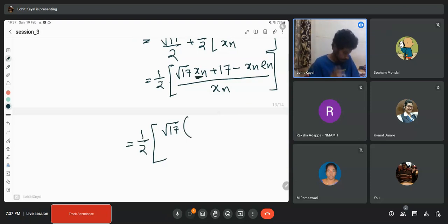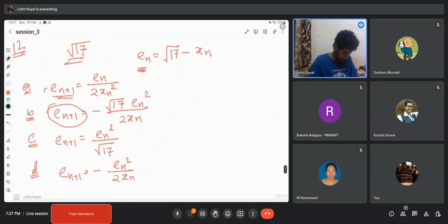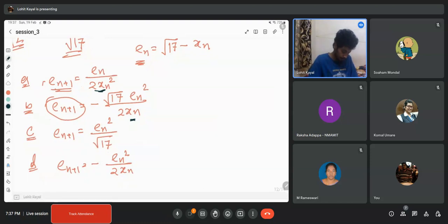Now in place of xn, I am substituting en, because in the numerator, in all those options, I don't have any xn in the numerator. I have xn in the denominator, and in the numerator I have en, so I will substitute accordingly.